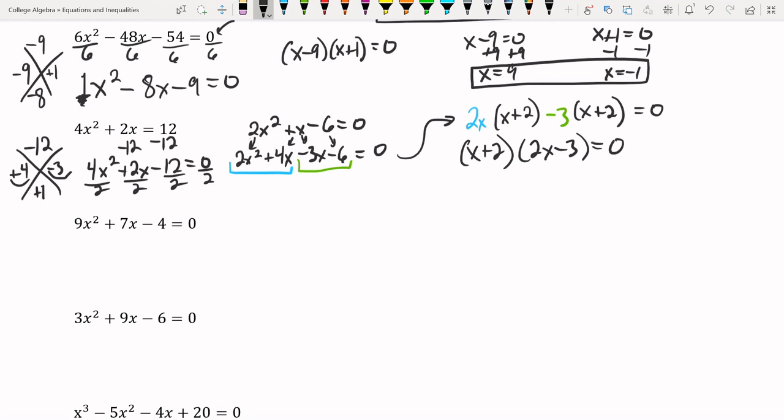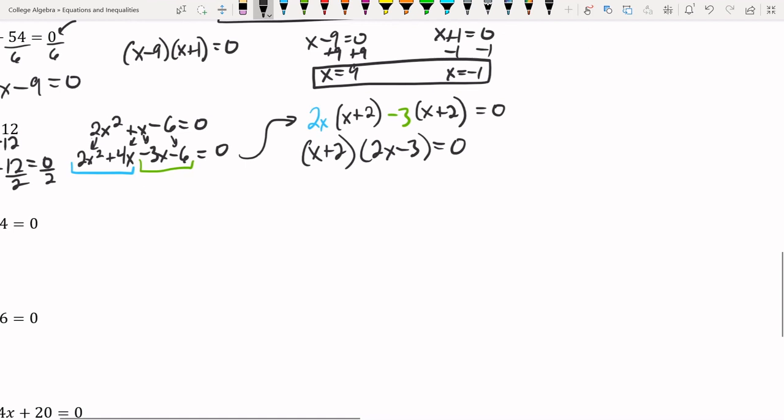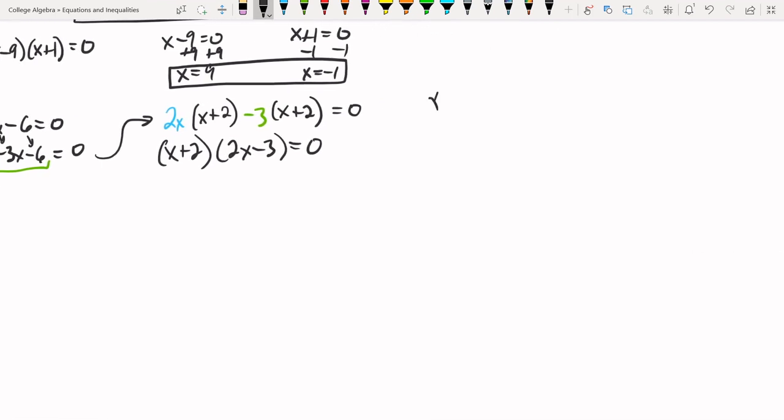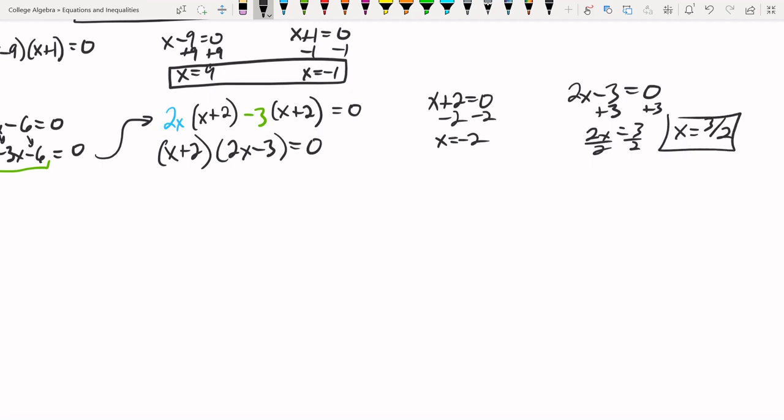Now we have this thing factored to linear terms, so we can solve each linear term to figure out what the values are. X plus 2 equals 0. 2x minus 3 equals 0. Subtract 2. X equals negative 2. Add 3 here. Then divide by 2. We have x equal to 3/2 and x equal to negative 2.